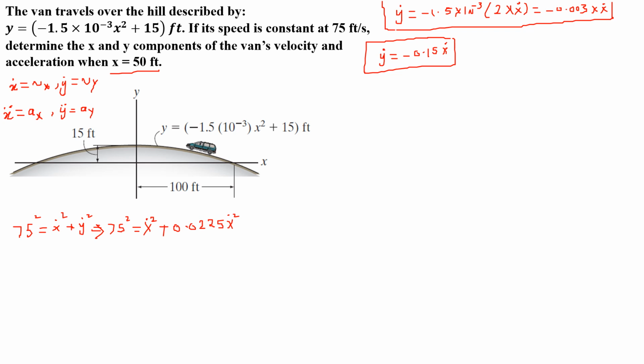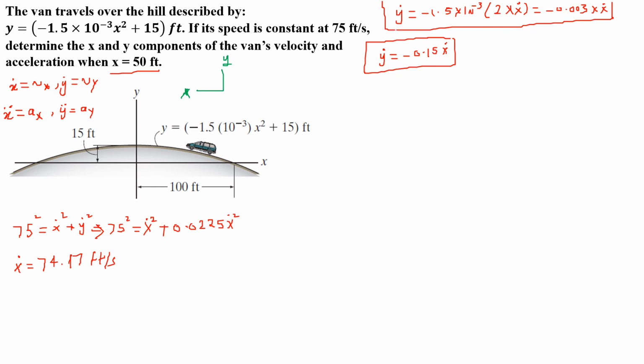Okay, I'll just solve for x dot, then we can solve for y dot as well. So x dot, I get this answer, it is 74.17 feet per second. Since this car is going to the left here, I can take this y here positive and this x to the left to be positive.